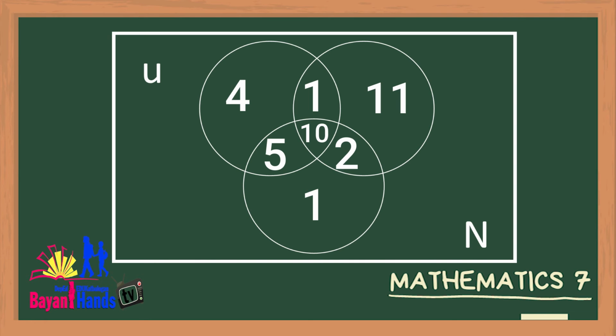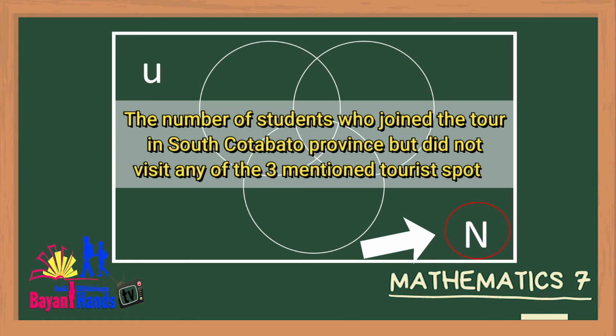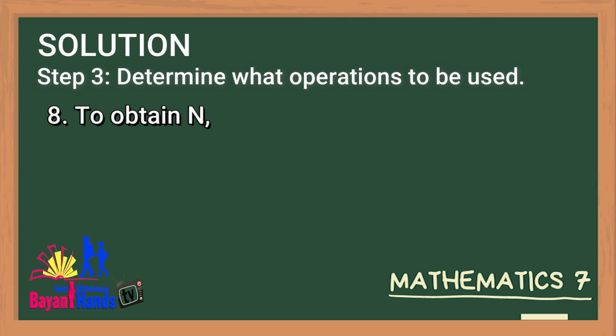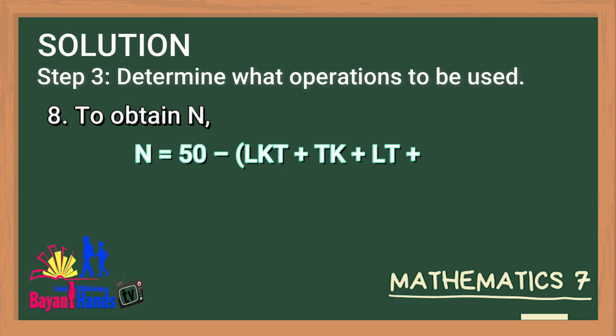Now, this time, the value of N. The number of students who joined the tour in South Cotabato Province but did not visit any of the 3 mentioned tourist spots. Well, to get N, simply determine L union K union T, or get the sum of all entries in the Venn diagram.